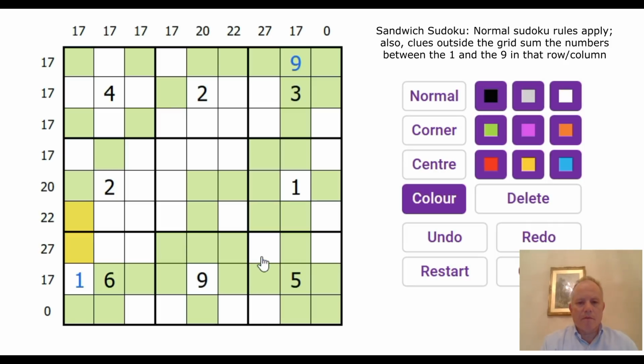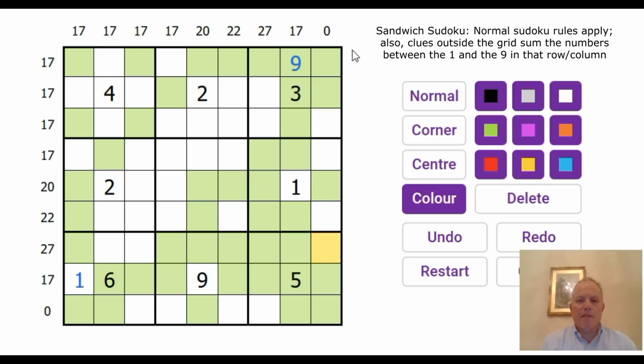So 9 must be one of those. Now, if this was a 1 or 9, then 27's good because it needs 5 cells in between. And now that we've ruled out the end cell, the last place is impossible. So that is not a 1 or a 9.